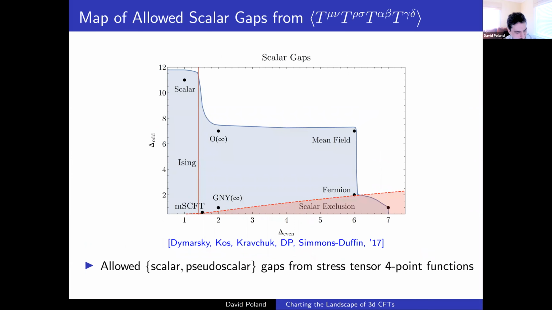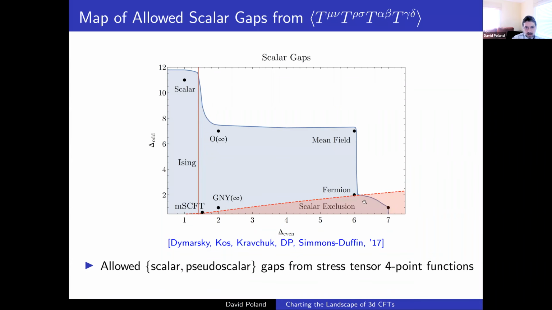Okay, so that's basically all I wanted to show you. This is just one more plot showing the map of the allowed space of scaling dimensions, which we computed using the Bootstrap for stress tensor 4-point functions a few years ago. Now we're trying to push this much further using all the new technology that we've developed, thinking about correlation functions involving stress tensors and scalars, and stress tensors and fermions, and so on.